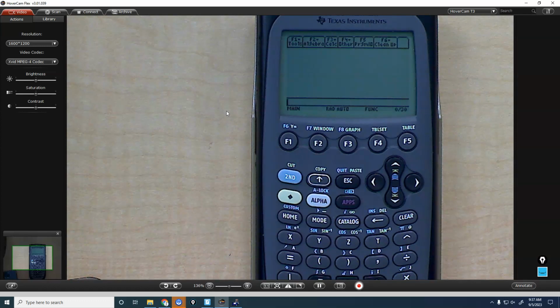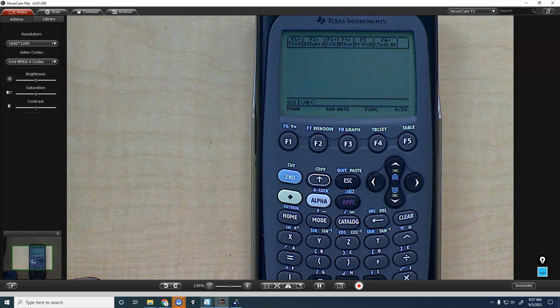So we need to solve an equation, which is under algebra. You see those tabs up there at the top? They'll tell you what you're looking at. So F2, algebra, and then we want to solve.